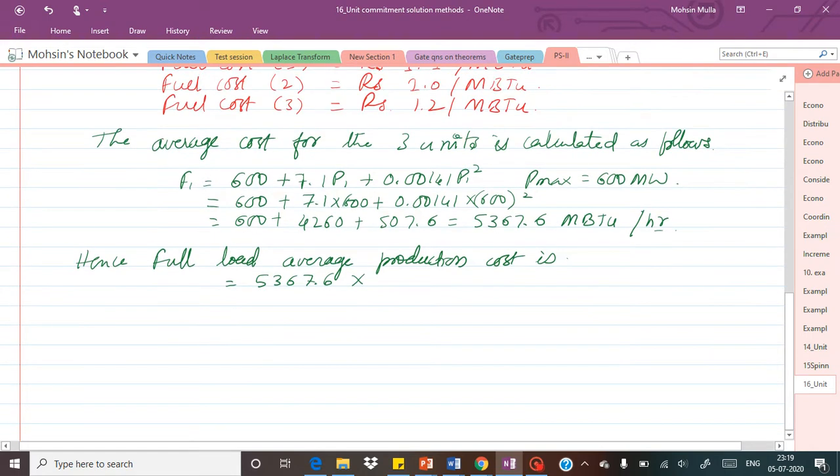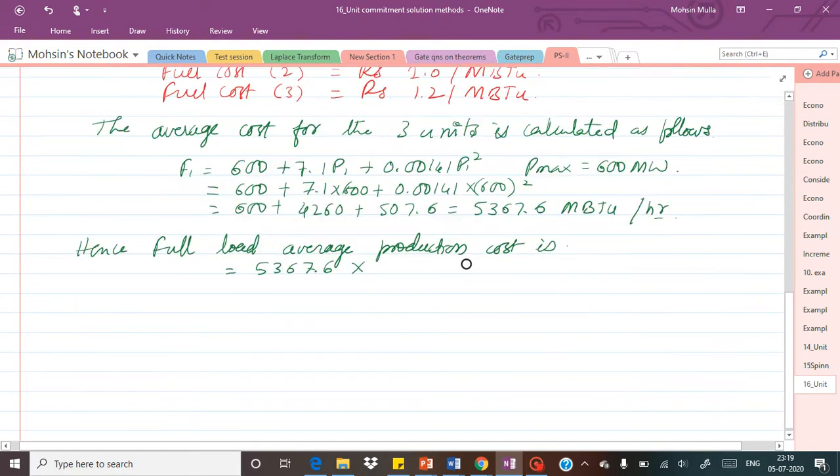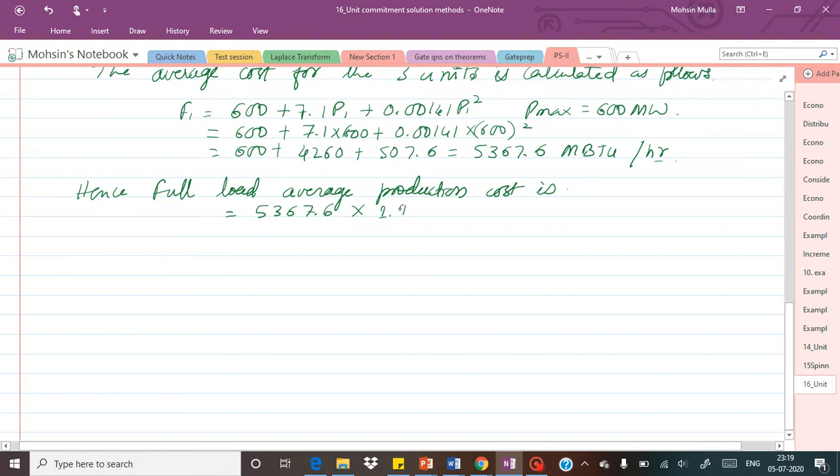Here we have to take per MBTU, it is 1.1, and overall 600 megawatt is produced. So here we are going to get the value as rupees 9.84 per megawatt hour. Okay, so this is what we got for unit 1.